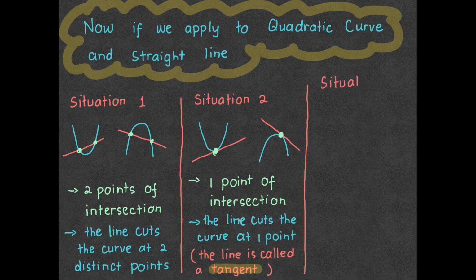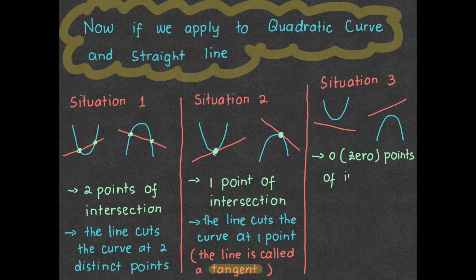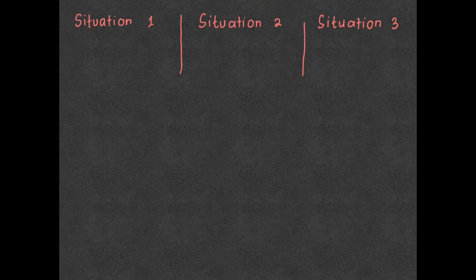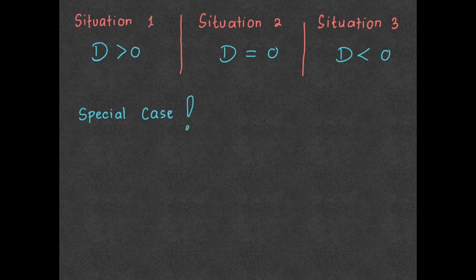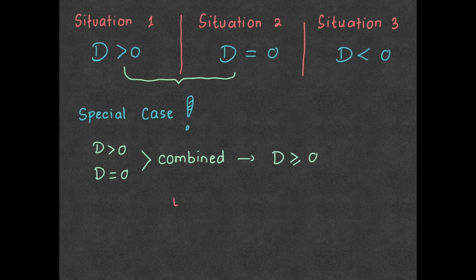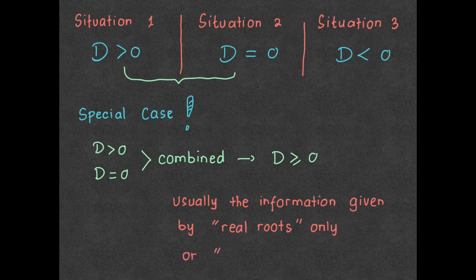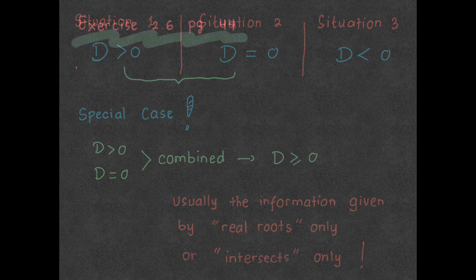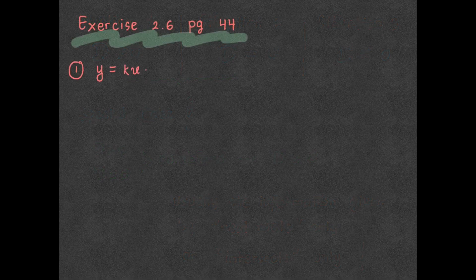Situation 3: the line doesn't cut the curve at all. The discriminant's characteristics can also be applied to those situations. The special case for D greater than 0 and D equal to 0 we combine into D greater than or equal to 0. Use the special case of D if the information given in the question is real roots only or intersects only.